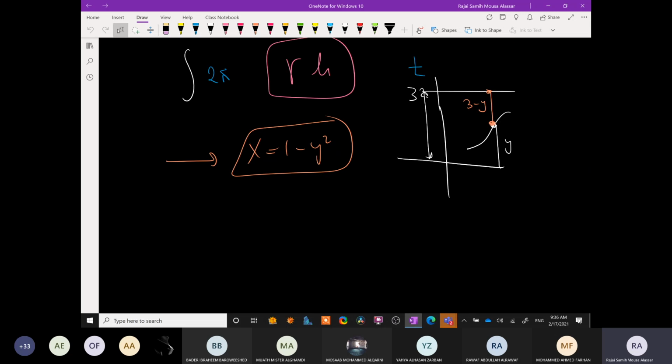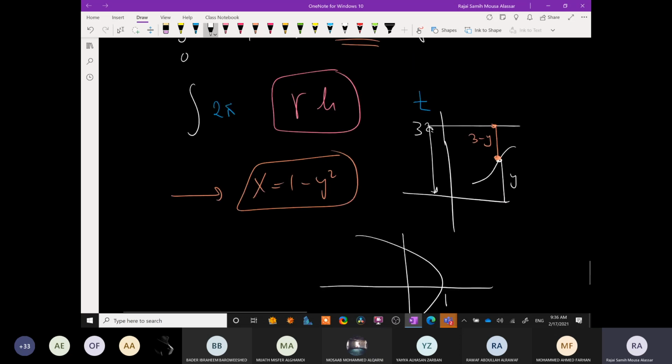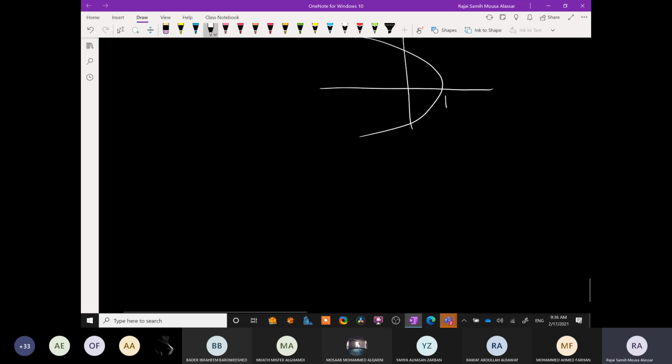If it turns out to be wrong, then I'm wrong. So this is x equals 1 minus y squared, which is this sleeping parabola, which has a vertex at 1 and opens to the left, correct? Yes. And I'm rotating this about this line, y equals 3. It looks like that. Okay, let's do it. Let's see if this is true.